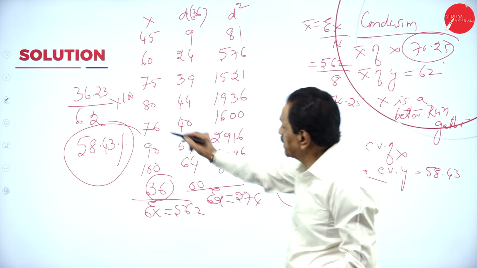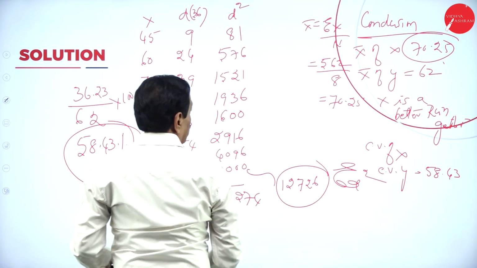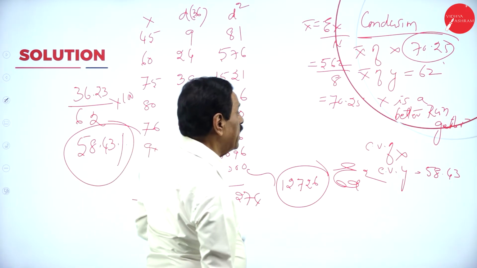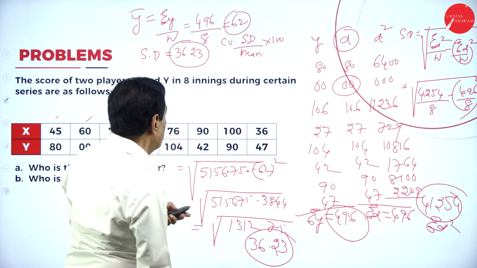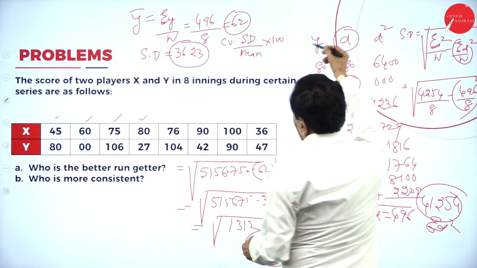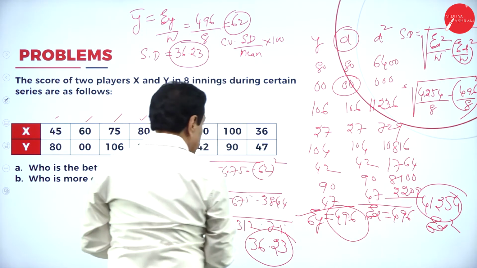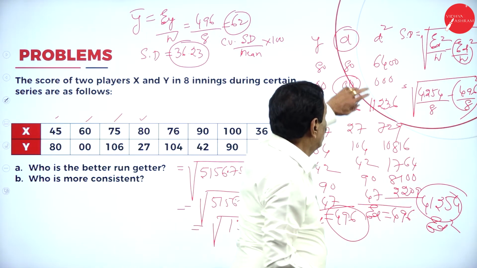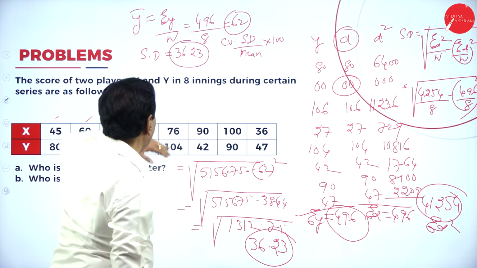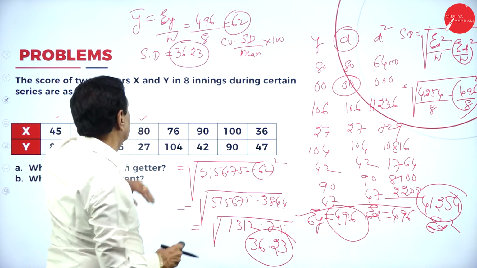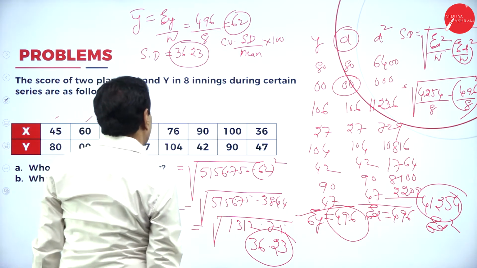Here, 36.23 divided by 62 is 58.43. One value is done. For the other, the standard deviation of Y: you calculated sigma d square, and the standard deviation is 36.23.